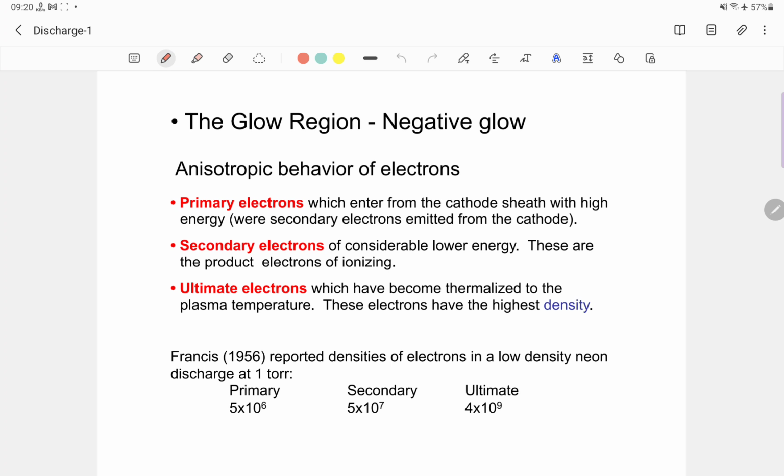So from the previous chapter, if we look at this discharge tube, the left side is the cathode, and the cathode is biased negatively, maybe 300 volts or 600 volts, or even minus 1000 volts.